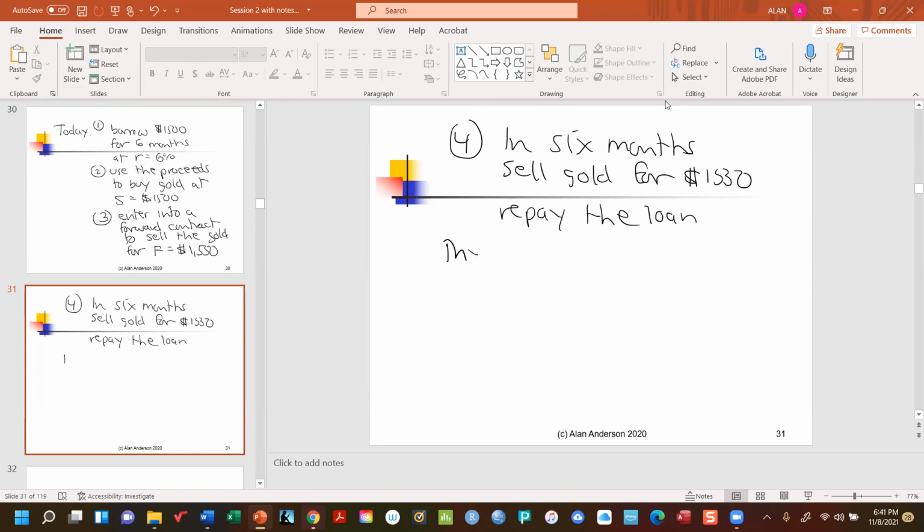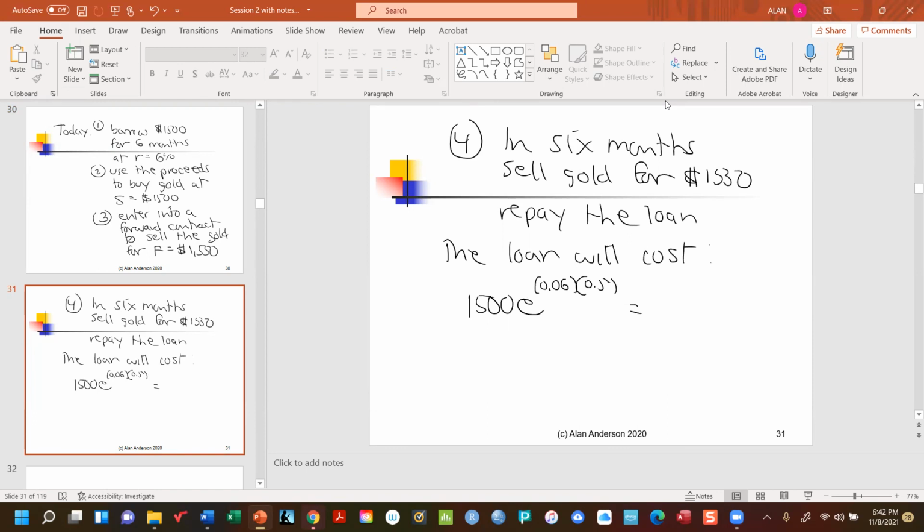The loan will cost, and so remember, we're using continuous compounding, 1,500 e^(0.06 × 0.5) equals 1545.68.